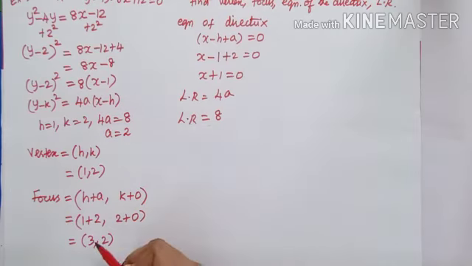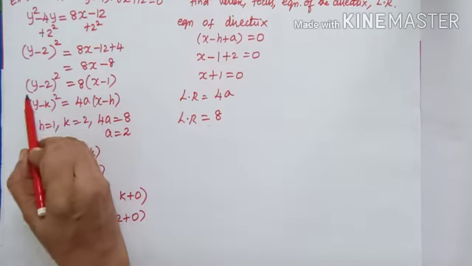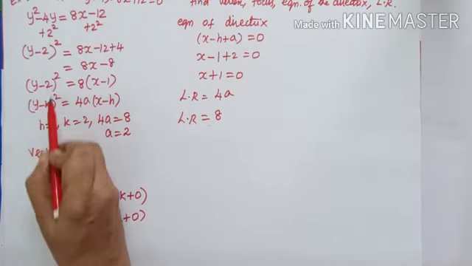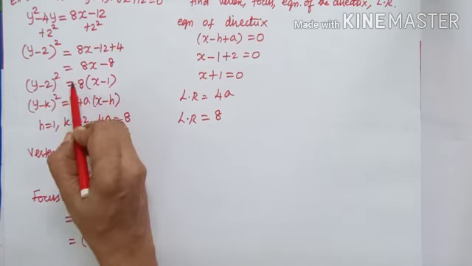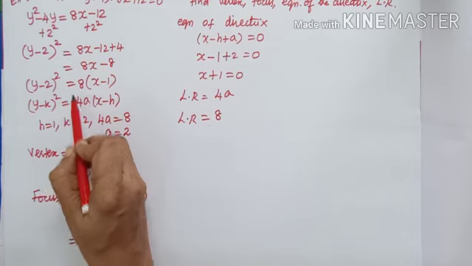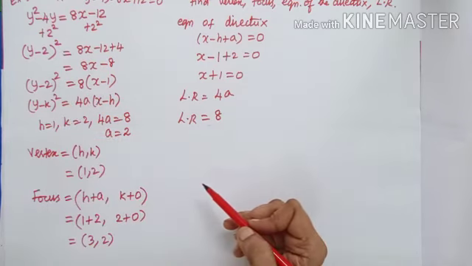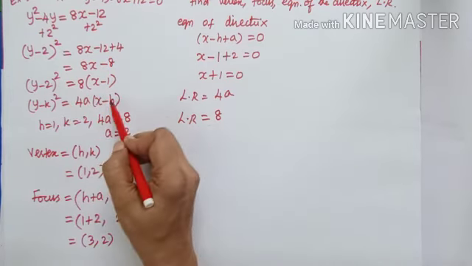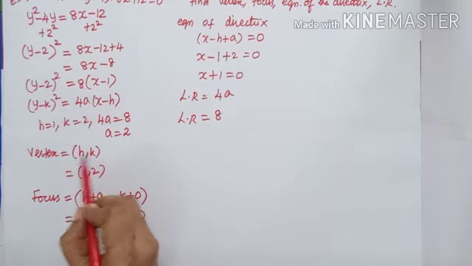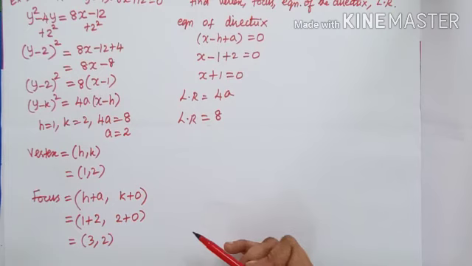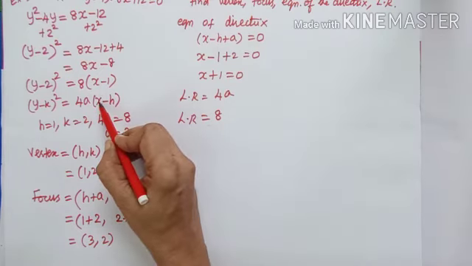We'll see the formula, how to remember. Compare with y minus k the whole square, 4a into x minus h. Here plus symbol you put plus, minus symbol you put minus. Comparing, h, k, a should be identified. Vertex is h comma k. Focus. Right hand side x is there.